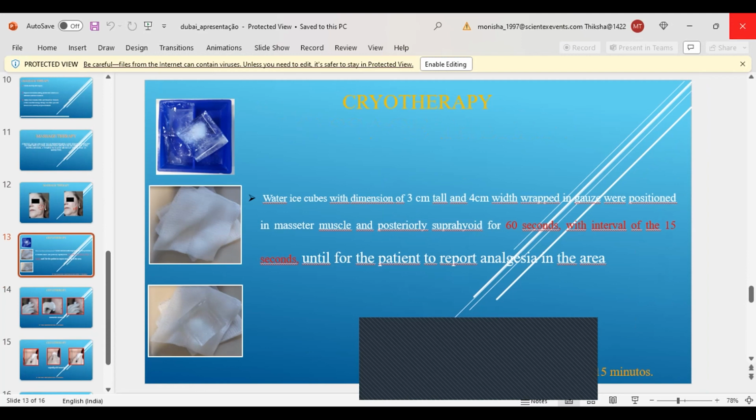Water ice cubes with dimensions of 3 centimeters tall and 4 centimeters wide, wrapped in gauze, were positioned on the masseter muscles and then on the suprahyoid muscles for 60 seconds with an interval of 15 seconds, until the patient reported analgesia in the area.